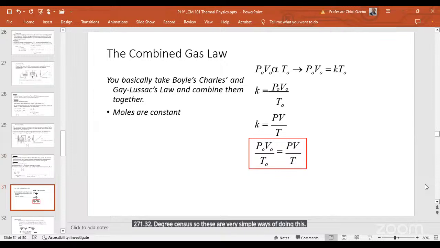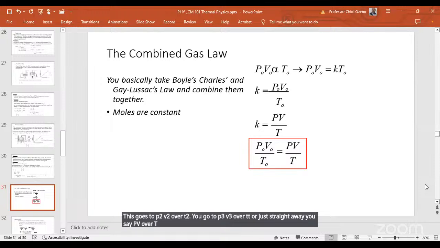Now you can also combine the three laws. The three laws can be combined to have P1 V1 over T1 is equal to P2 V2 over T2. You go to P3 V3 over T3. Or you just straight away say PV over T is equal to a constant.